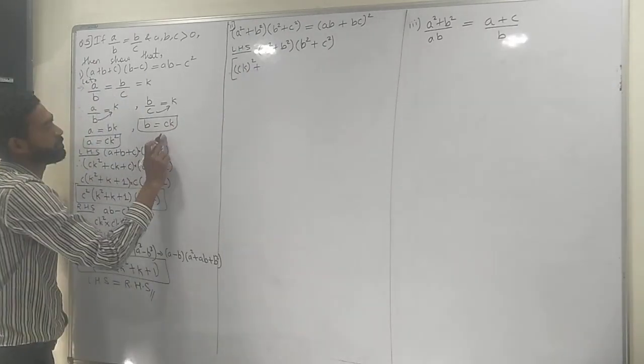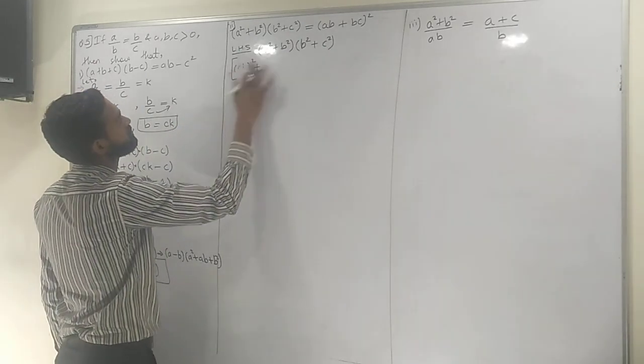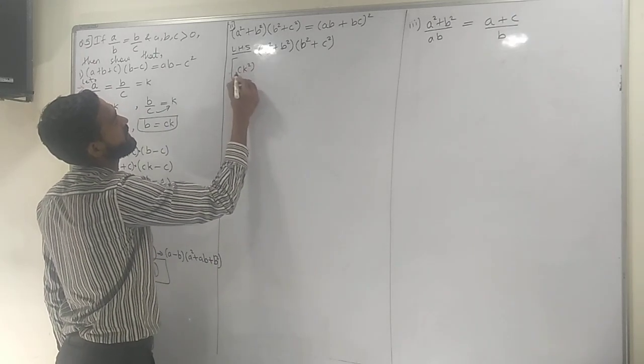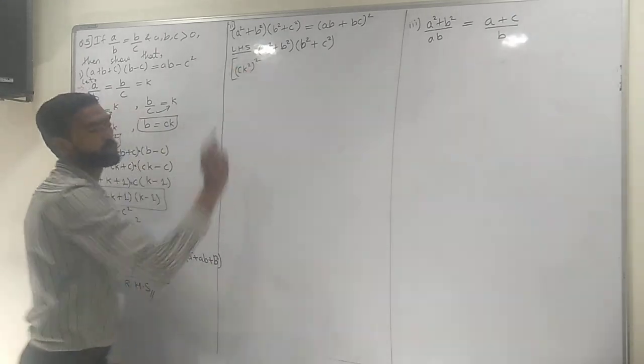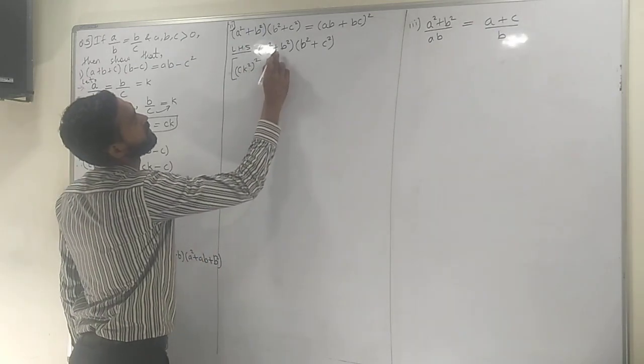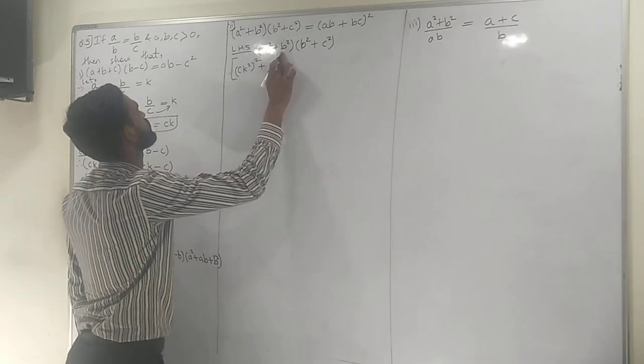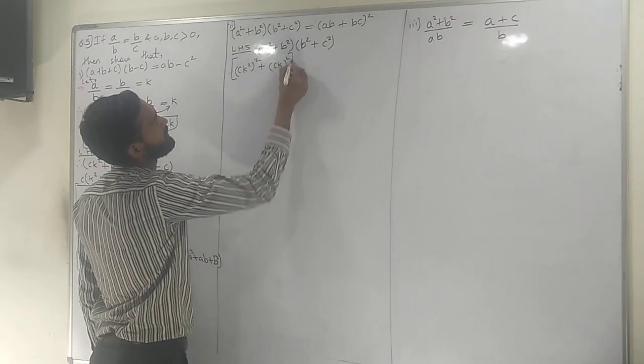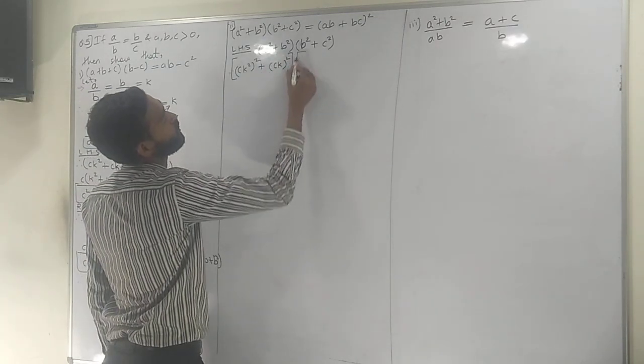Wait a minute students, what is the value of A? A is CK square. Now A square, so we'll put here square. Then plus, what is B? B is CK, so I'll write here CK, but square, so I'll put here square. One more square bracket.